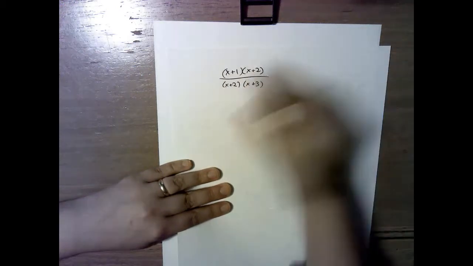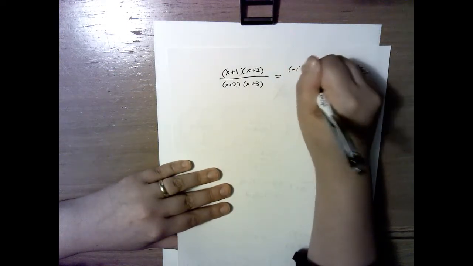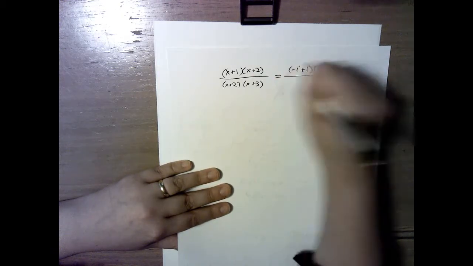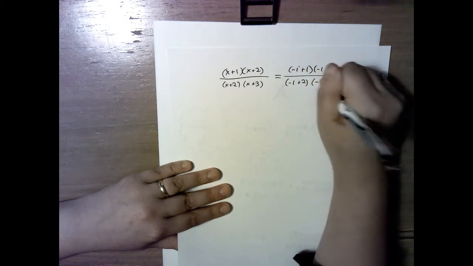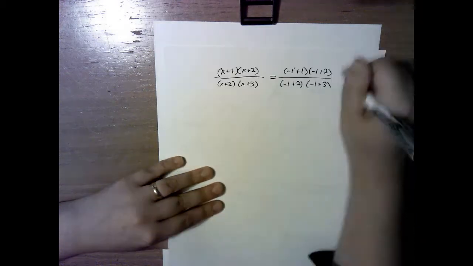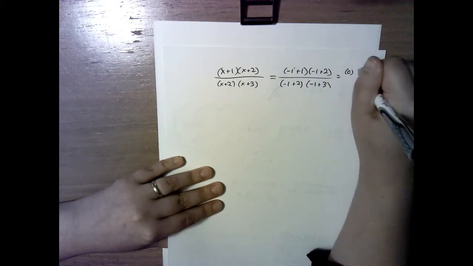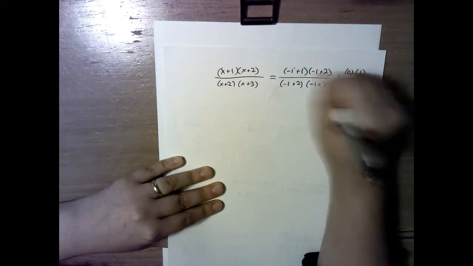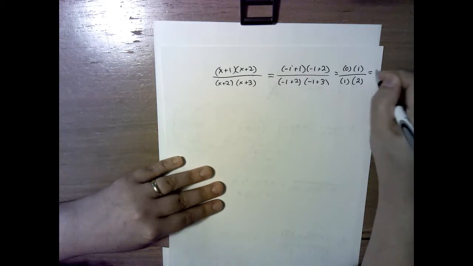Then I have -1 plus 1 times -1 plus 2, all divided by -1 plus 2 times -1 plus 3. So -1 plus 1 is 0, -1 plus 2 is 1, divided by 1, and -1 plus 3 is 2. And this whole thing just equals 0.